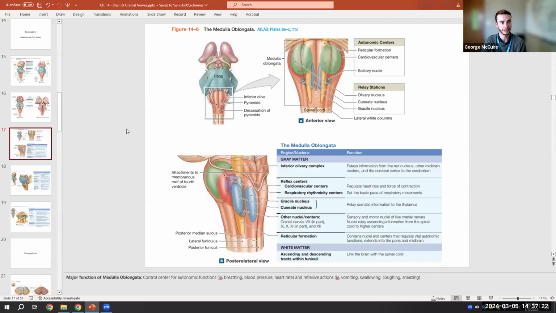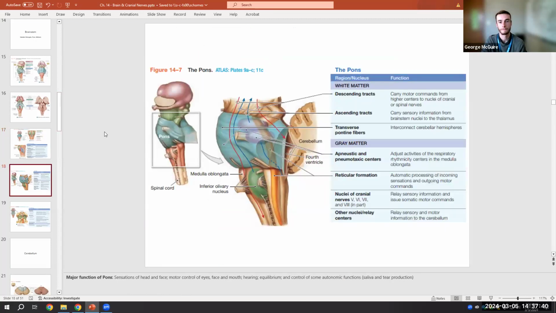The medulla oblongata is a control center for a lot of those major autonomic functions like breathing and heart rate, and some reflexive actions like coordinating the movement of the muscles to swallow, coordinating the movement of muscles to vomit, coughing, sneezing, those autonomic responses. The pons is mostly related to autonomic sensation and response to things in the face, with direct autonomic control, or the output would be production of saliva and tears.